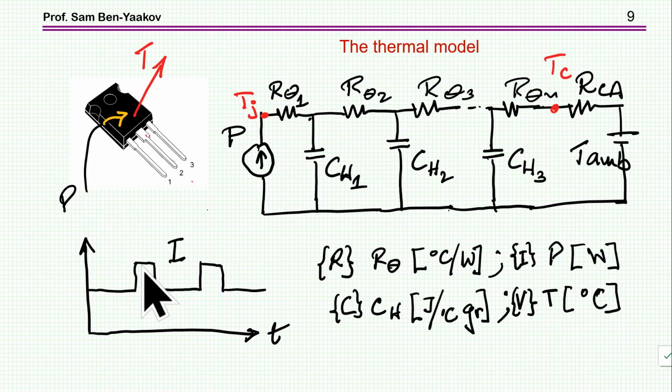However, if you have a current of another profile, not a single pulse, and not a train of pulses which are starting from zero, you cannot get the junction temperature from the plots that I've shown, not the safe operating area and not the thermal impedance, okay? For this, you need this equivalent circuit or this presentation, which will give you, for any profile, the junction temperature, okay?